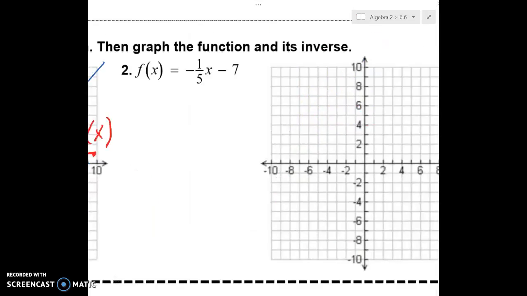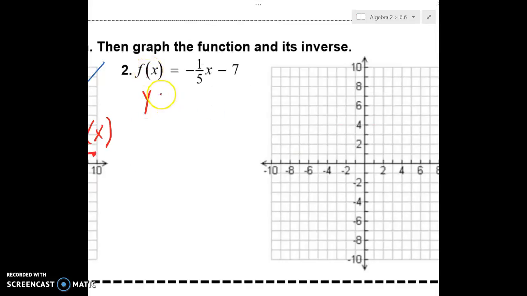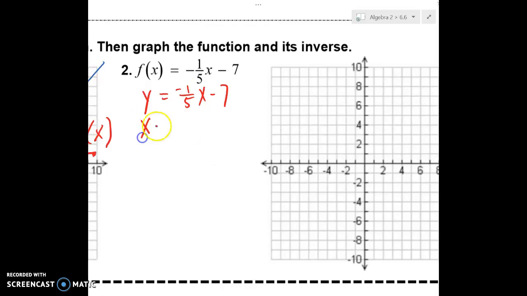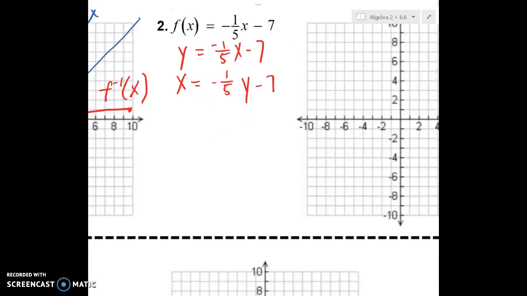First thing you need to do is make f of x y. Now we replace x with y and y with x, so switch the x's and the y's. Now we solve for y, so plus 7 on both sides.